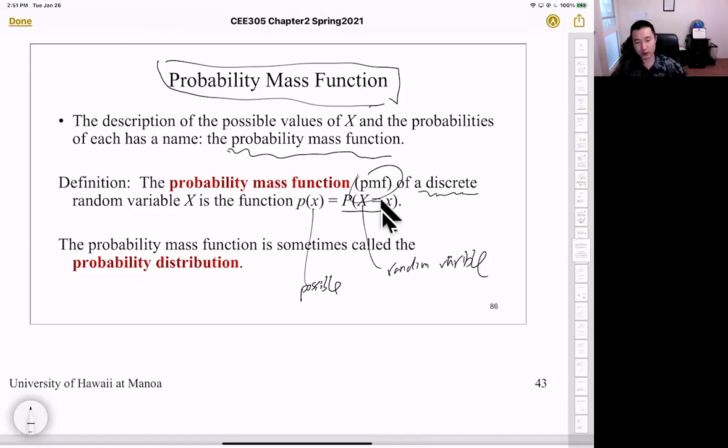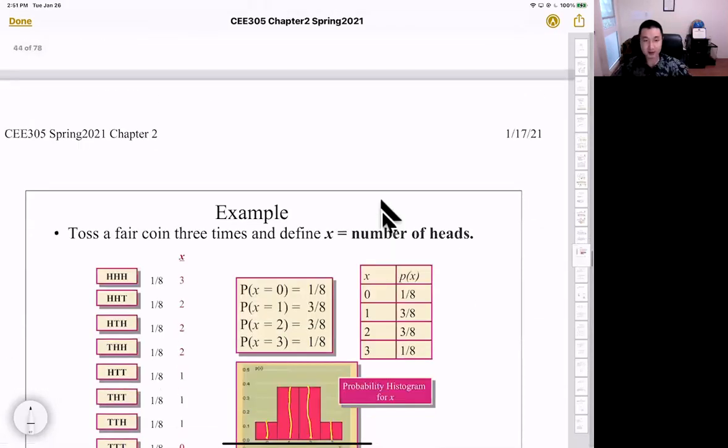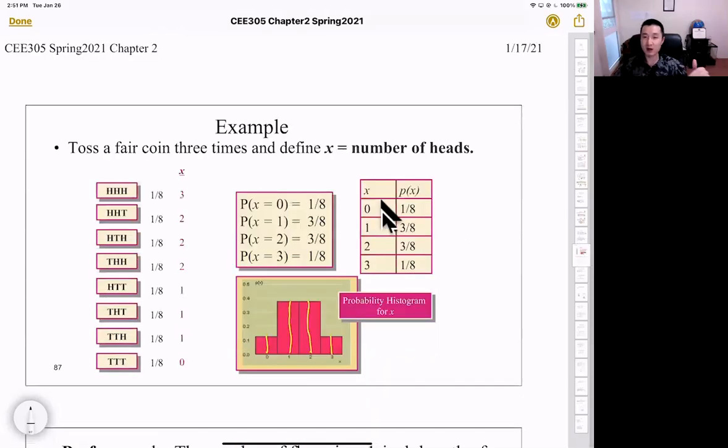So for discrete variables, let's look at another old example. We toss a coin 3 times, and we define the number of heads as X. Using the counting method, there are 3 steps. The first step, we could have head or tail.